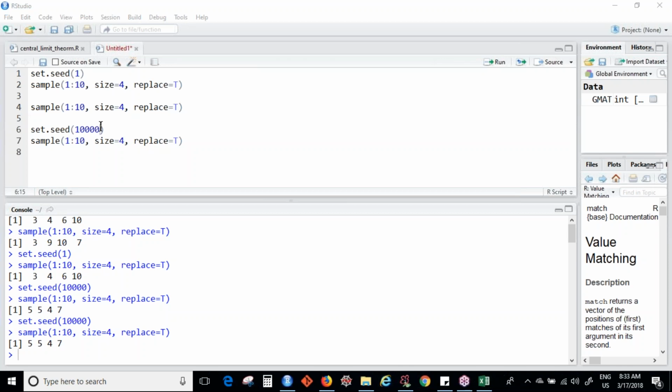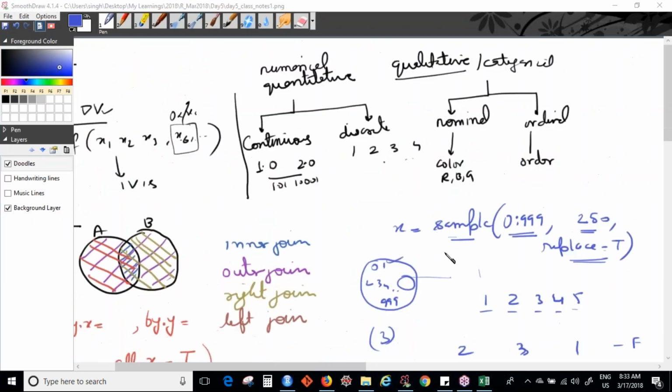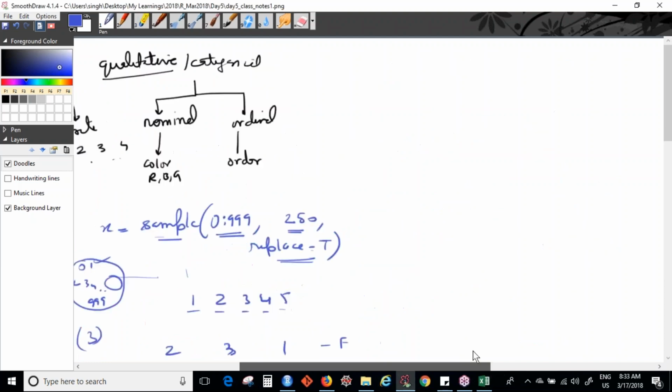Internally some algorithm runs and it generates random numbers. So whenever you give a constant, that process becomes defined. It follows the same process every time. Whenever you give any constant number, it will follow that same process to find the random numbers. Now what that process is, we don't need to know. It just means that it will follow the same process again and you will get the same answer.